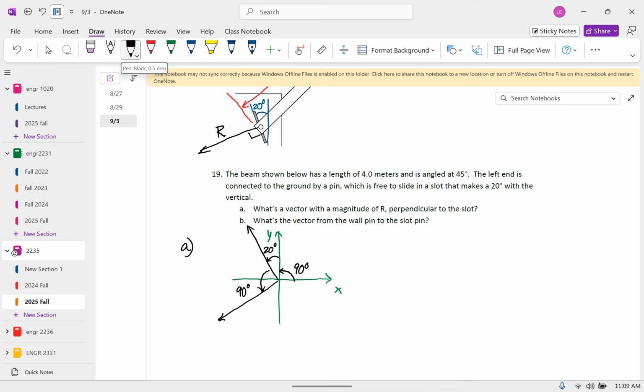Then I'm going to go 20 again. So for coming up with this angle theta, I'm going to start counterclockwise 90, so that's plus 90. I'm going to go counterclockwise another 20. And then I'm going to go counterclockwise another 90.